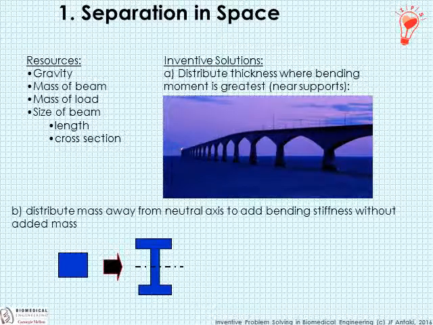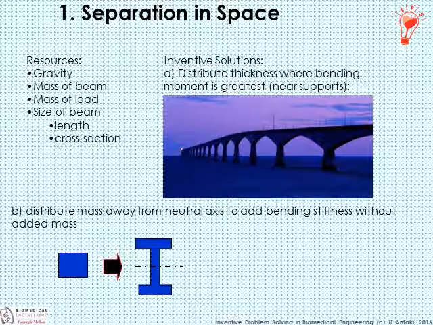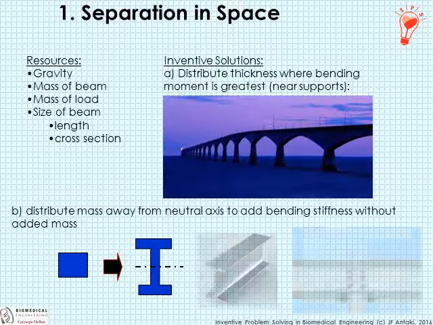Another application of separation in space is in the opposite or perpendicular direction. We realize that at the center of the beam, at what we call the neutral axis, the material really isn't doing very much. Where it's really needed is above and below the neutral axis. So if we move the material in this fashion, forming an I, we now have made much better use of the material and highly increased the stiffness with less weight.